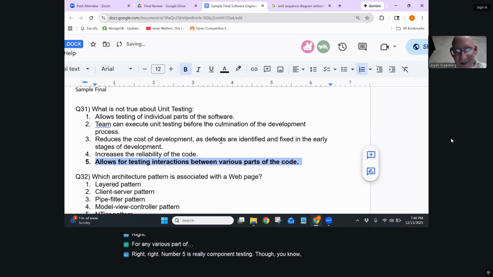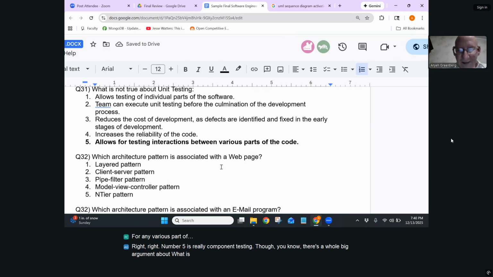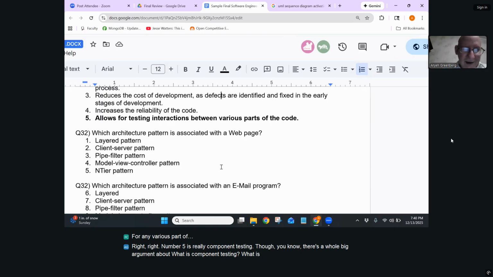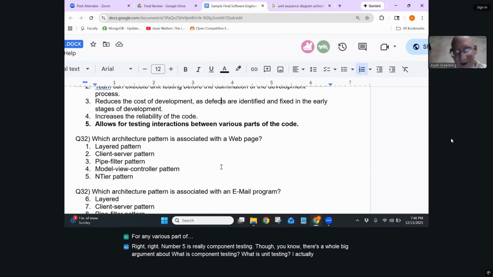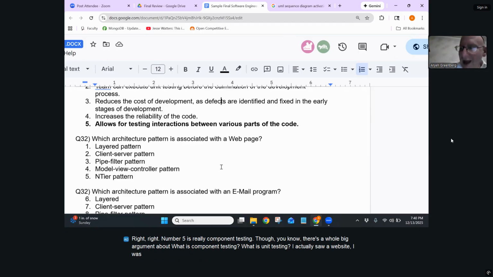Though there's a whole big argument about what is component testing and what is unit testing. I actually saw a website; I wanted to show it to the class. He argues that unit testing means code which has no dependencies versus code that has dependencies.